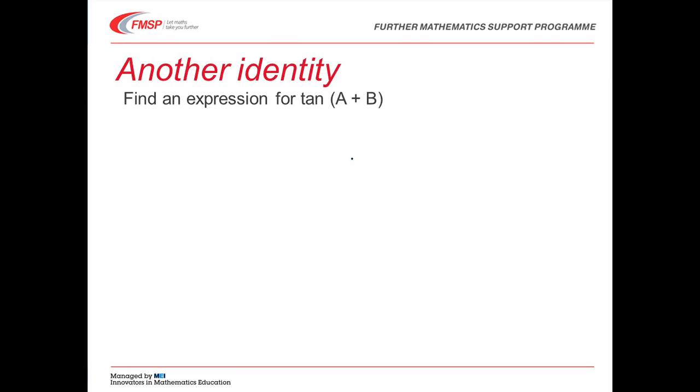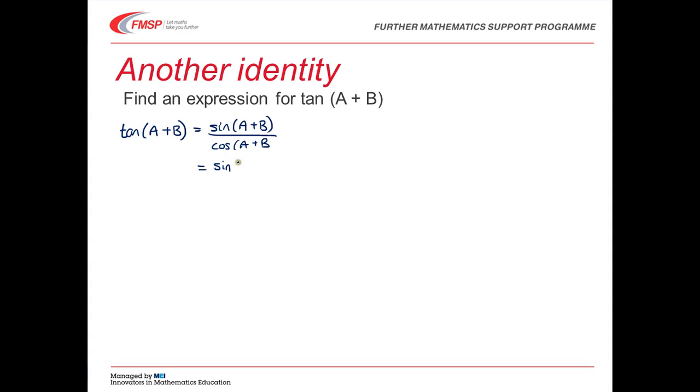Here's another identity that's rather useful. Tan A plus B. We know that tan is equal to sine over cos, so tan of A plus B must be equal to sine A plus B over cos A plus B. We can use the addition formulae that we've already worked out.